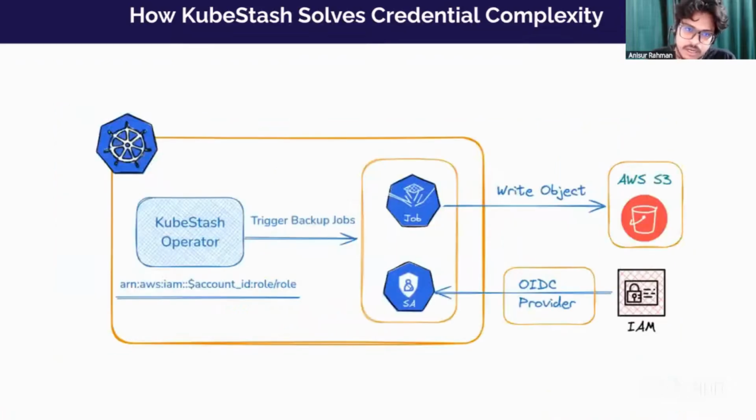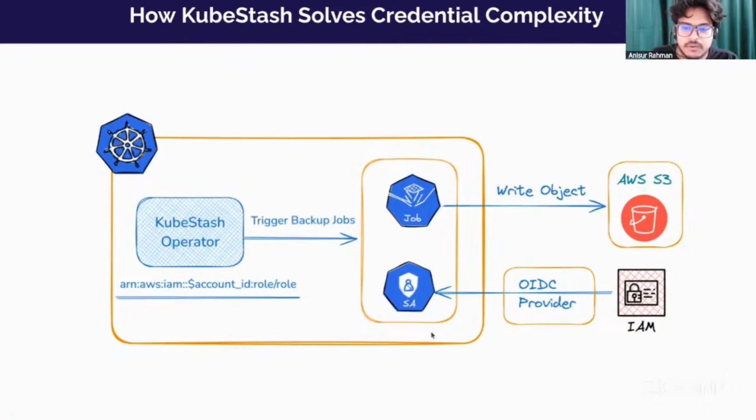Here is a high-level overview of how KubeStash cooperates with an AWS EKS cluster, takes backup and stores it into its own service, S3. Let's consider this is a Kubernetes EKS cluster. Firstly, you have to create an OIDC provider for this cluster.